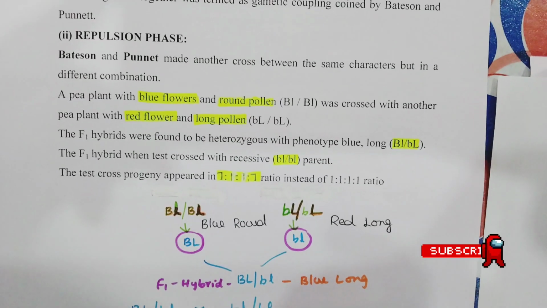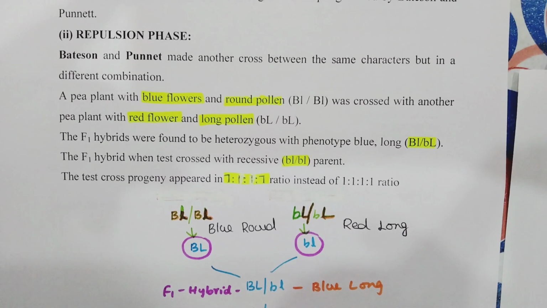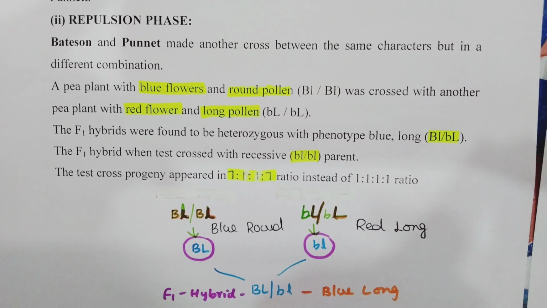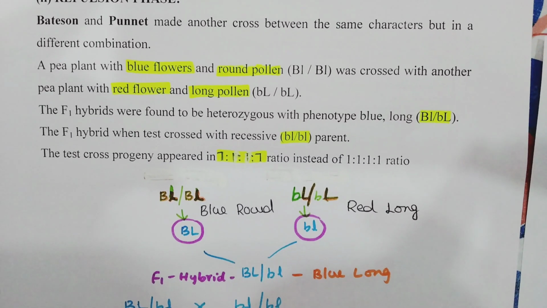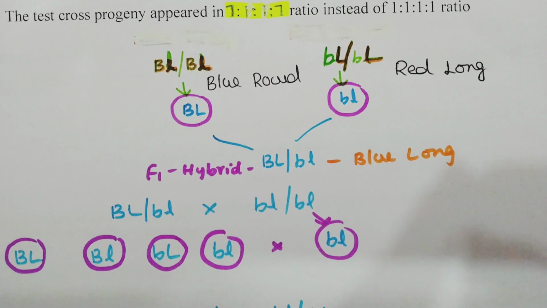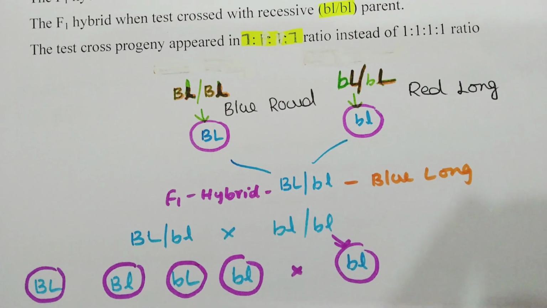Now we are going to see another situation, the repulsion phase. This was also proposed by Bateson and Punnett. They took two plants different from the above coupling cross.